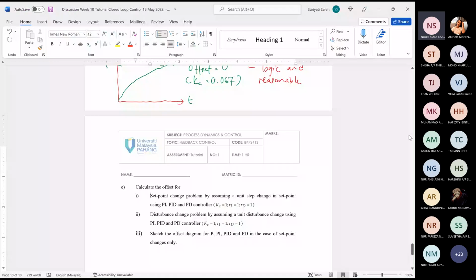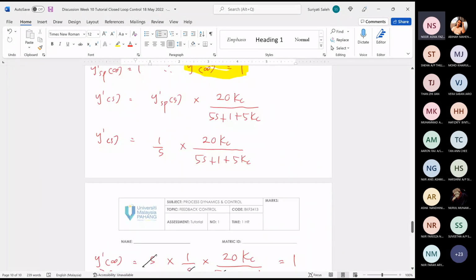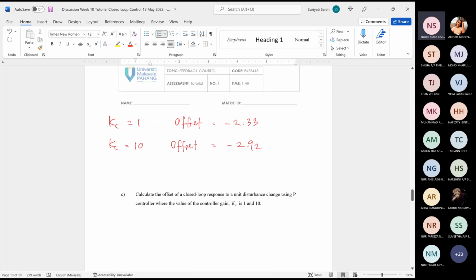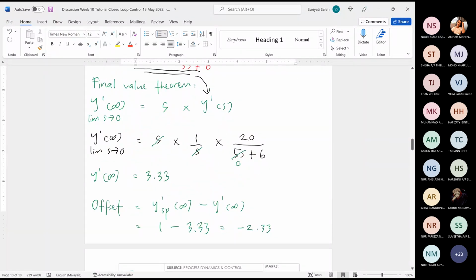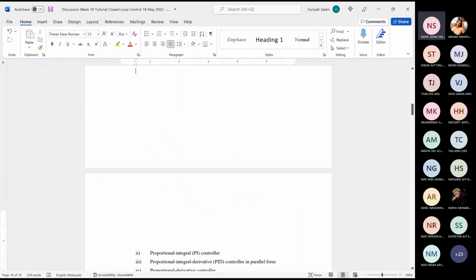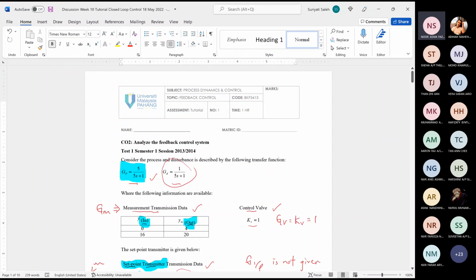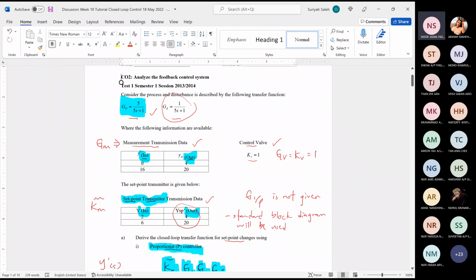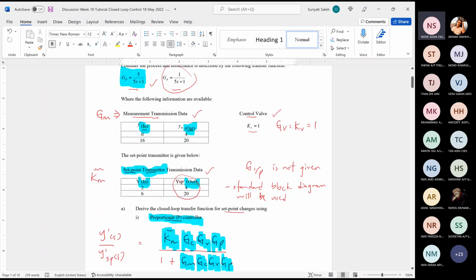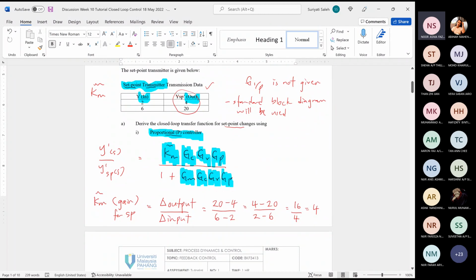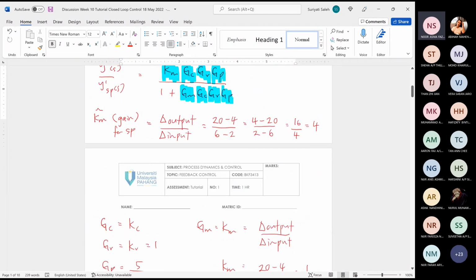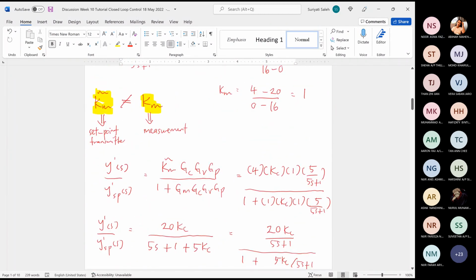Okay, here is the question based on the tutorial. Before this, let us revisit. We already have the description of your condition where the GP is there, the GD, the GV, the GM, KM, set point. We already developed the closed loop transfer function for set point changes.